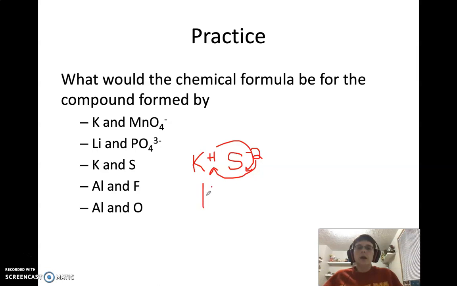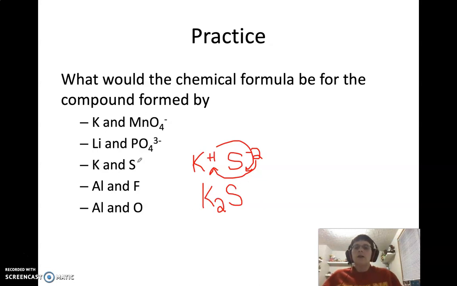So when we rewrite it, K gets the 2 to balance out the sulfur, and sulfur would get a 1 because of the 1 charge on the potassium. And so the formula for this ionic compound would be K2S.